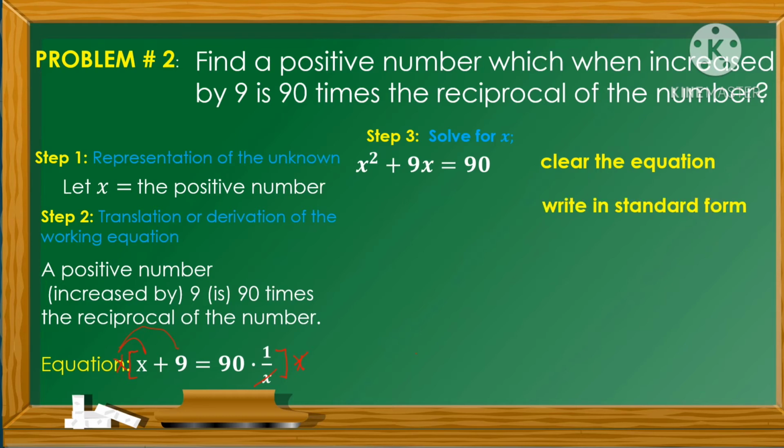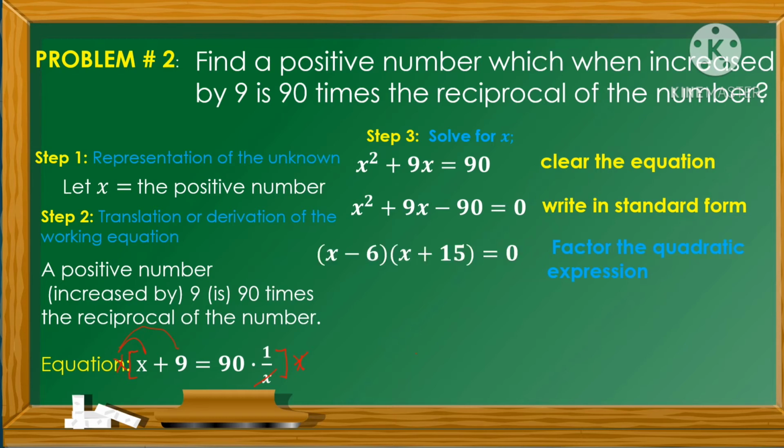Then, we have to write this equation in standard form. So, transpose natin yung 90 doon sa left side, it will become negative 90. So, we have x squared plus 9x minus 90 equals 0. Then, we're going to get the factors of the quadratic expression, x squared plus 9x minus 90.